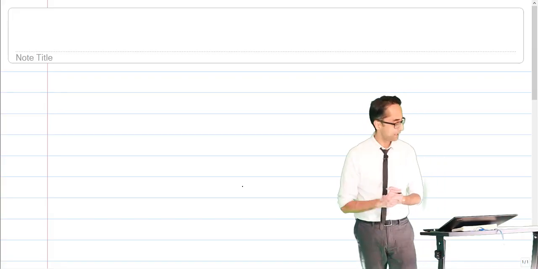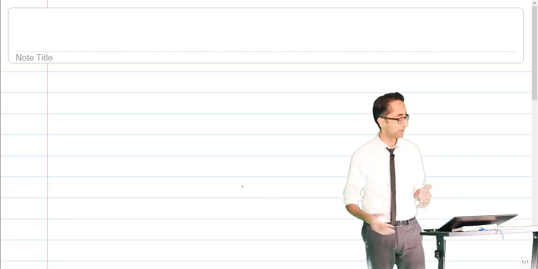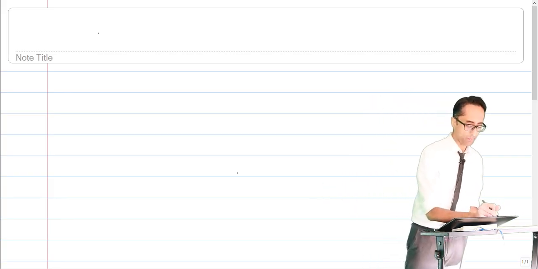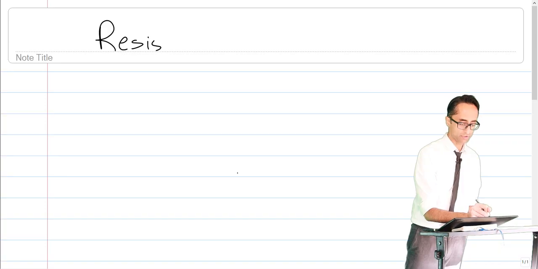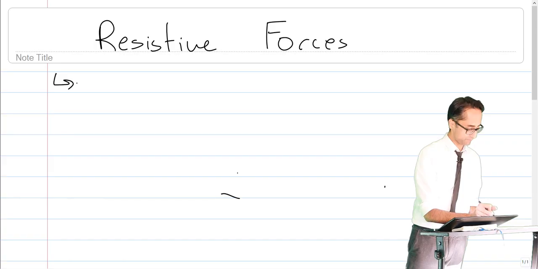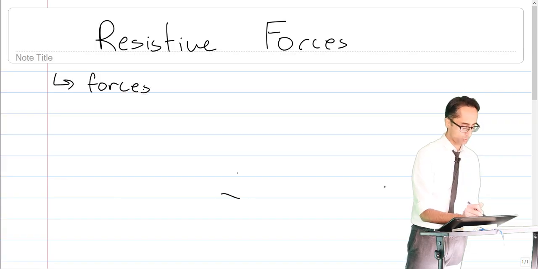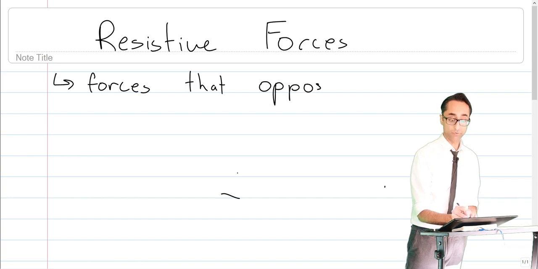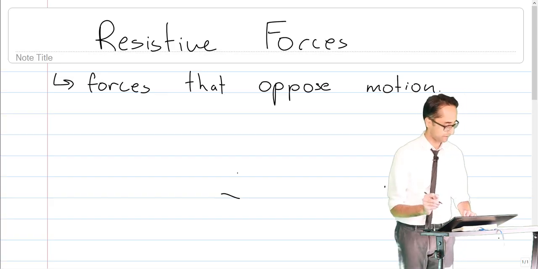So now let's make a few notes about what we talked about and come up with some equations that are going to help us deal with resistive forces and specifically the forces of friction. And we define resistive forces as those forces that oppose motion, whether something is moving or wants to move, if you will, they're opposing that.